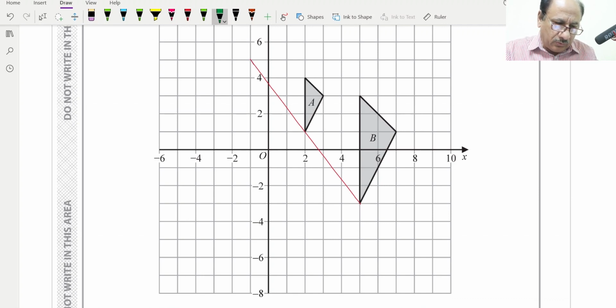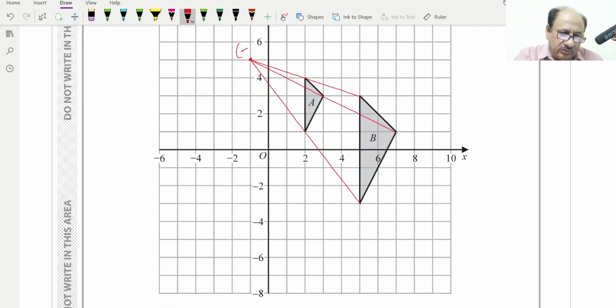Now we can go for the second line, which is joining at this point, and the third vertices also. We can join all three vertices of both triangles, and this is the point of enlargement. We can see that A is being enlarged, and the center of enlargement is -1 and 5.